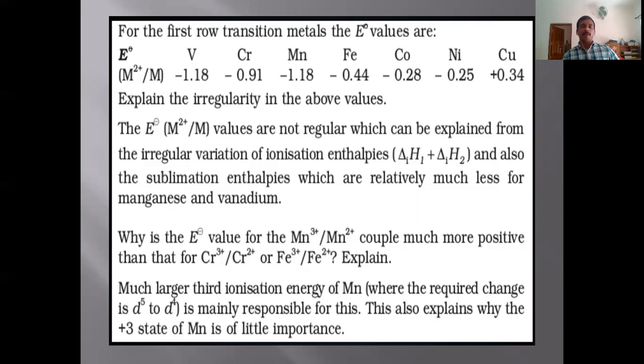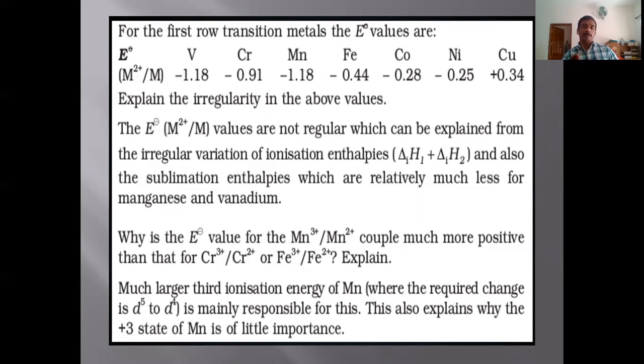Explain the regularity in the above values. We discussed it here. Regularity you can observe in the case of manganese. The value is largely negative. From vanadium to chromium, the value is increasing, the negative value is decreasing.